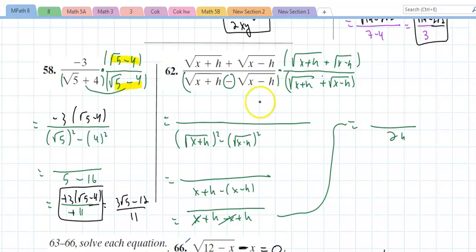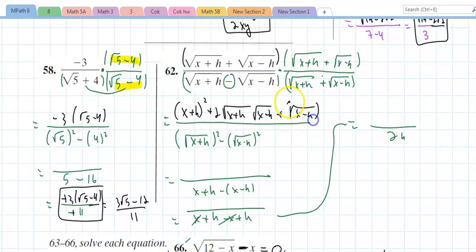As for the top, I FOIL those. I'll get the first squared plus twice the product of those plus the last squared. I'll get x plus h plus twice.